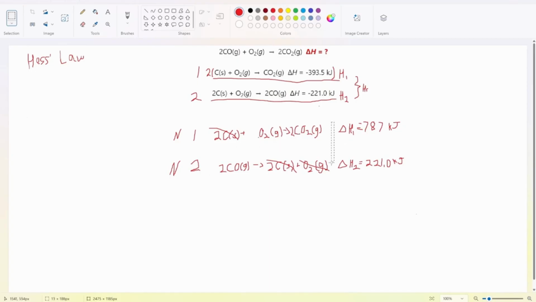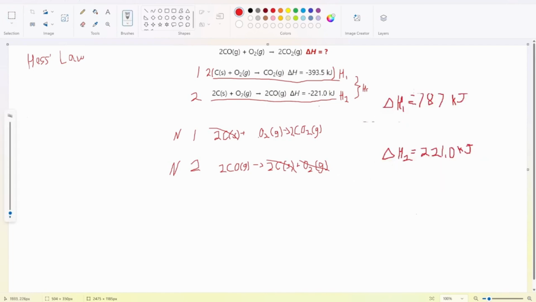But what we really want to focus on is this. So let's take this back out. So we have 221 minus 787, or you could just add a plus sign, but I did. So in reality, we're just adding these two numbers, which equals HR equals negative 566 kilojoules.